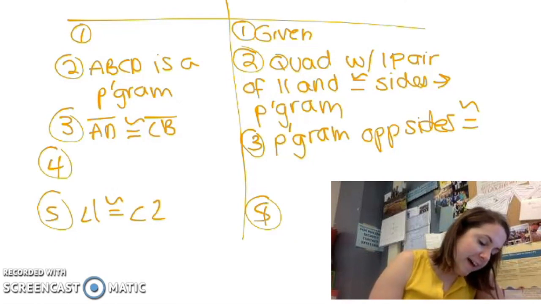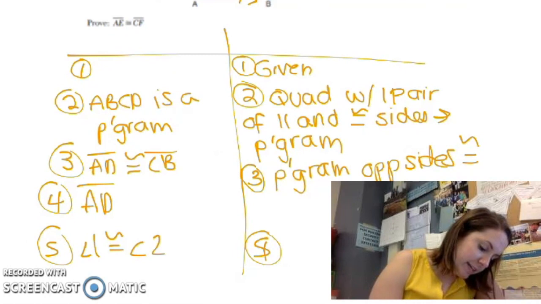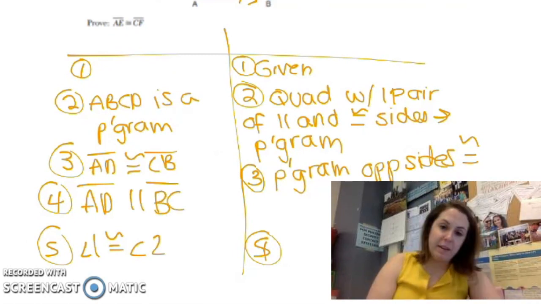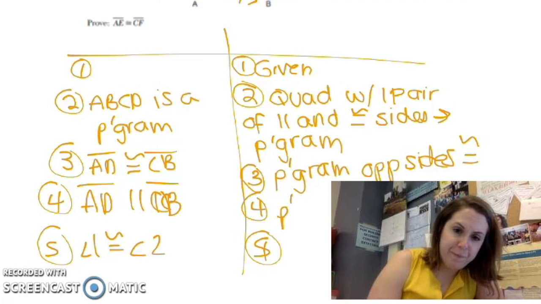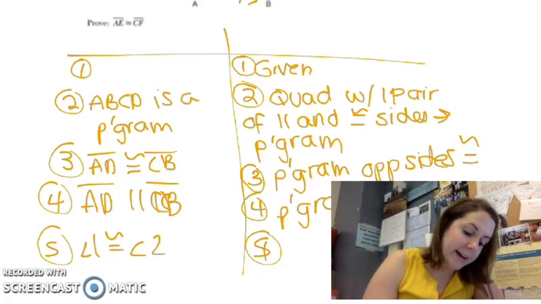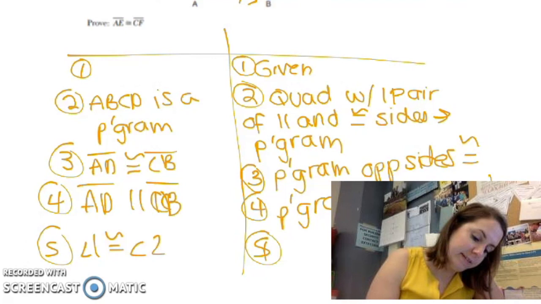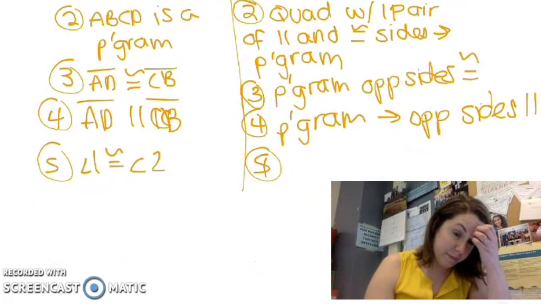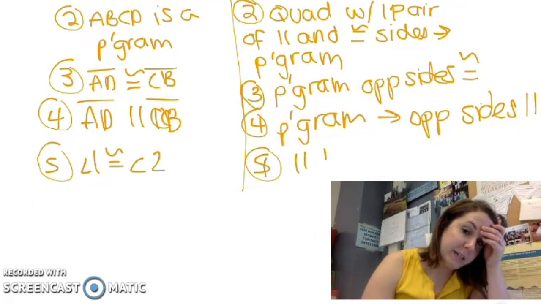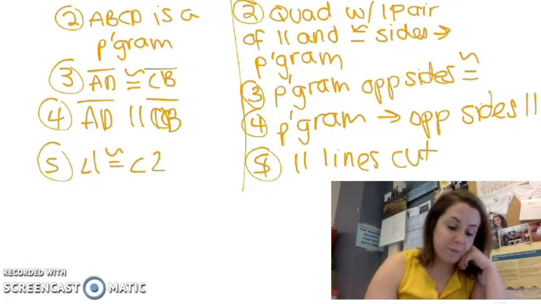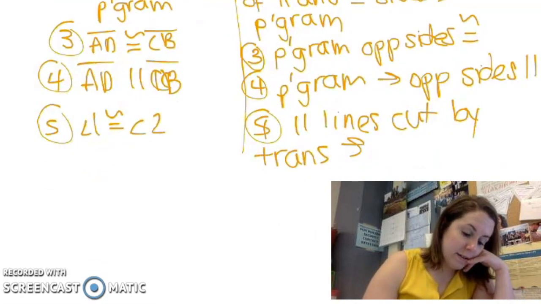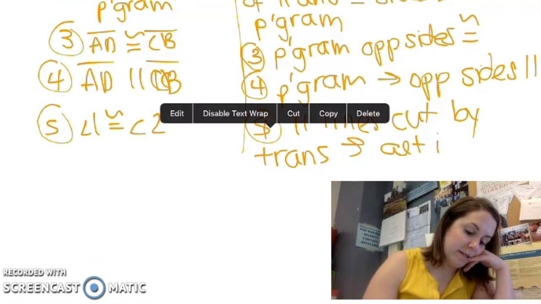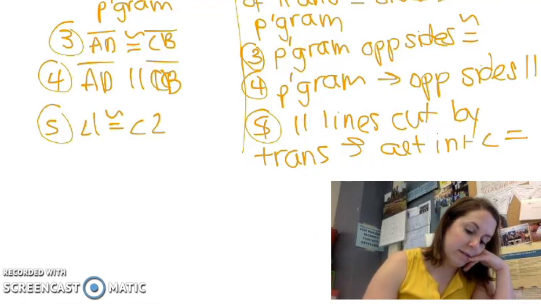All right, so 4 would be that AD is parallel to BC because a parallelogram implies opposite sides parallel. That means those angles are congruent because parallel lines cut by a transversal implies alternate interior angles congruent.